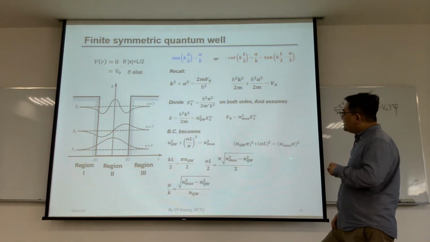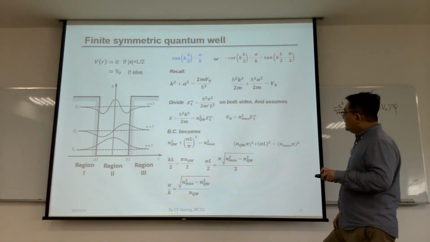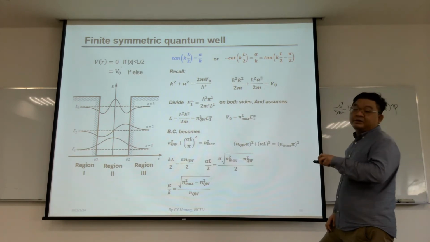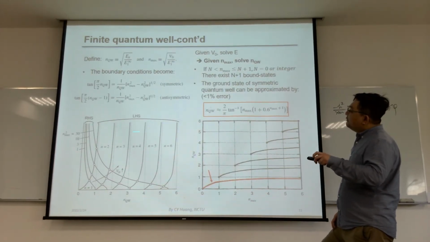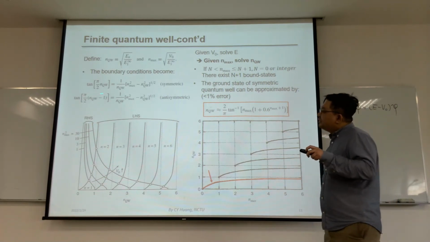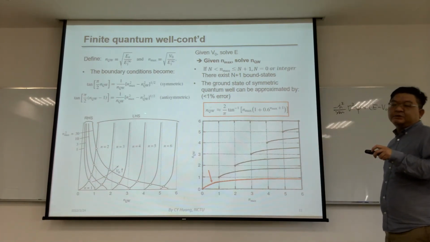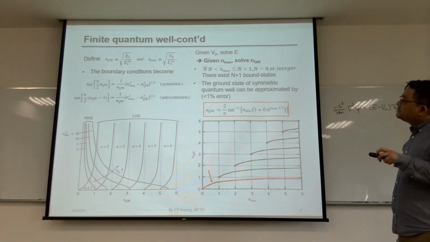Then after some arrangement, so this is the detailed arrangement. You can check, we can do that one by one. The final boundary condition becomes like this. It's a unitless number.